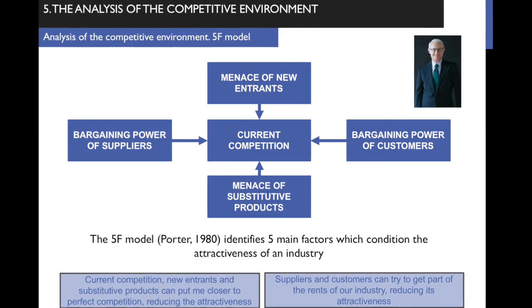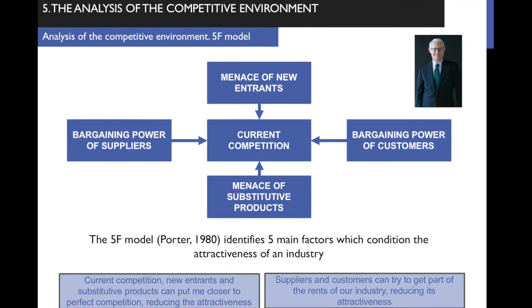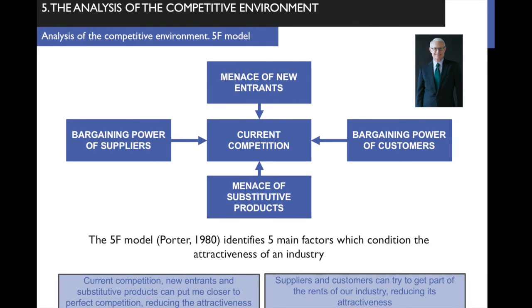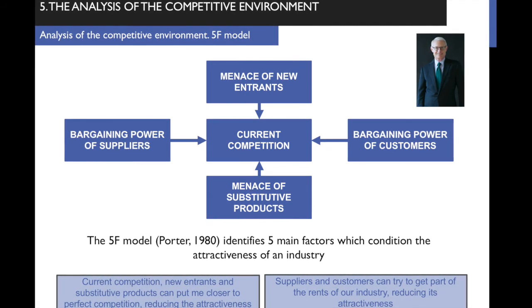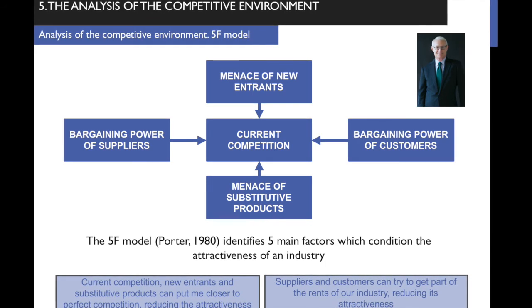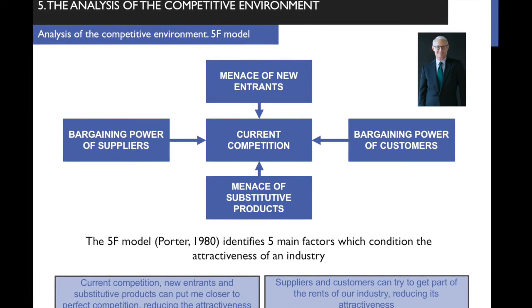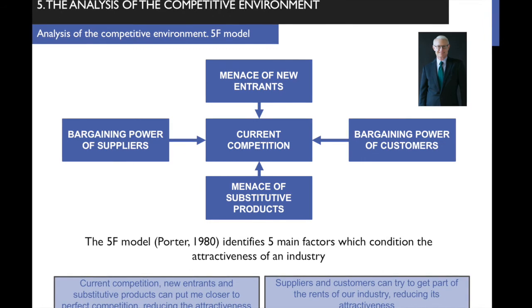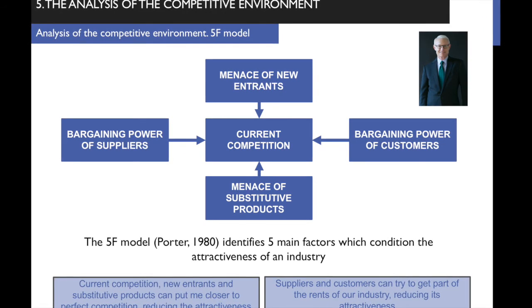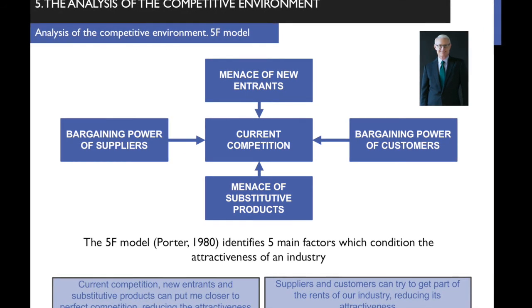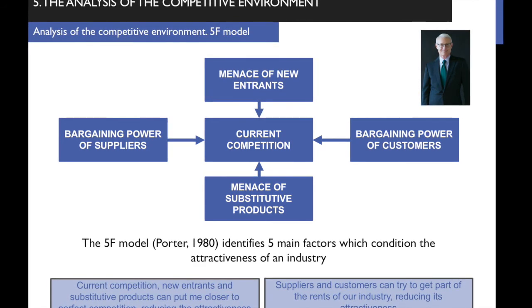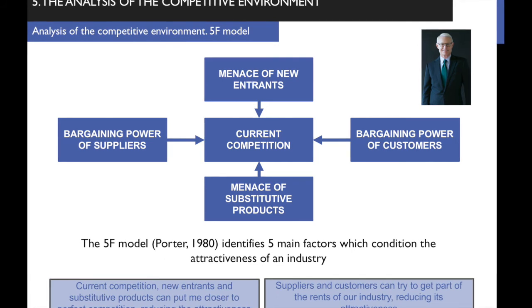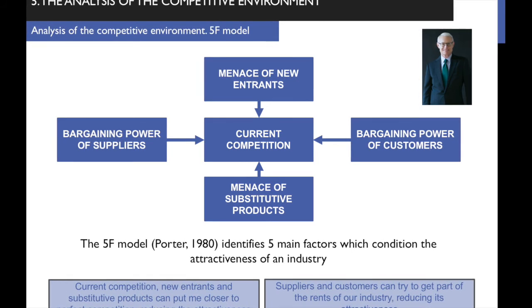Look, in the vertical side of the model, we have the 3 which put us closer to monopoly, oligopoly, or closer to perfect competition. They are the current competition, then the menace of new entrants. Maybe the current competition is marvelous and there are just a few firms, but if many firms could enter the industry, they would destroy this paradise. And then we have the menace of substitutive products.